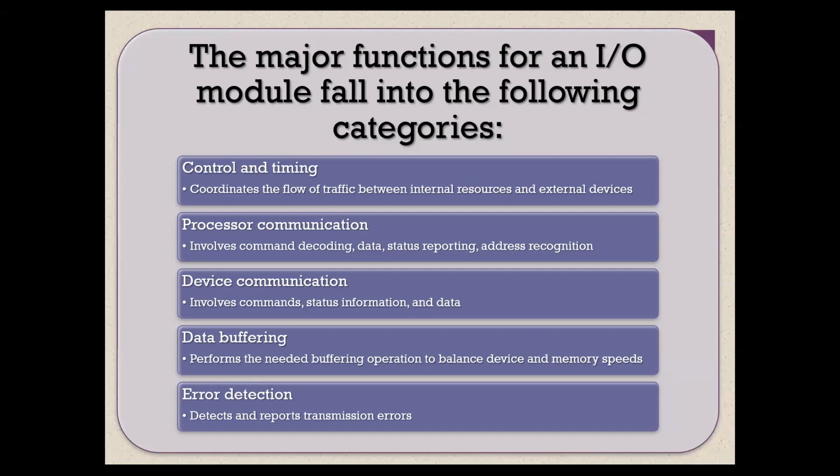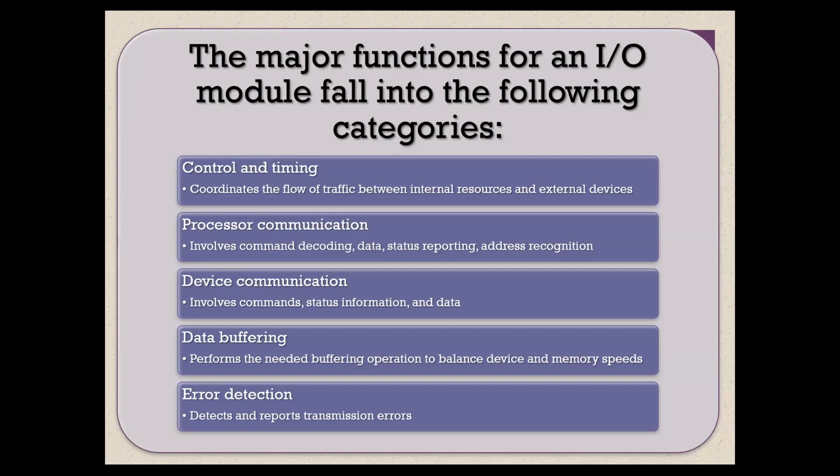In the opposite direction, the data are buffered so as not to tie up the memory in a slow transfer operation. Therefore, the IO module must be able to operate at both device and memory speeds. Similarly, if the IO device operates at a rate higher than the memory access rate, then the IO module performs the needed buffering operation as well.